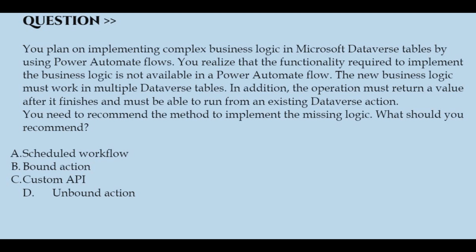In addition, the operation must return the value after it finishes and must be able to run for an existing Dataverse action. You need to recommend the method to implement the missing logic. What should you recommend? Option A, scheduled work. Option B, bound action. Option C, custom API. Option D, unbound actions. Correct answer is option D.